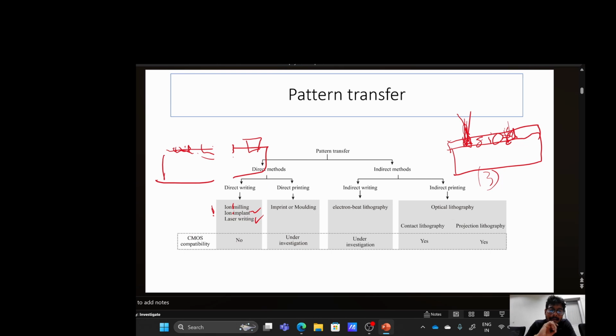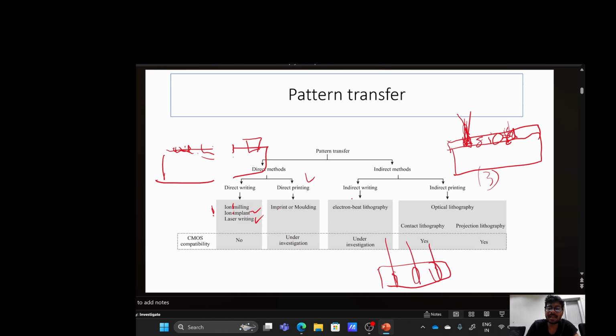Another thing is direct printing. Printing is kind of like a stencil. If you have a stencil, that stencil has some holes, and if you just want to deposit some metal, you directly evaporate through these holes.